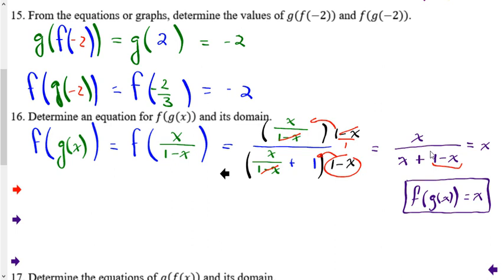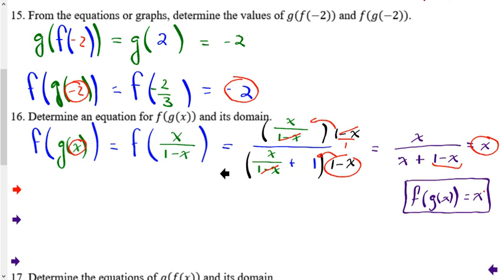I get x over 1, which is just x, which makes sense from what I had up here when the f of g of x, when I plugged in a -2 here, a -2 is what I got out. So whatever I'm plugging in here for x, that's what I'm getting here as output. So f of g of x is equal to x.